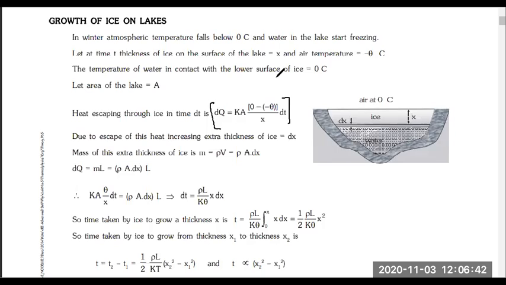Now, suppose the heat escaping through this ice in time dt is given by this, dq is equal to this. This is the basic formula. And when you talk about KA by x, this is theta dt. So can I say that this dq is basically the heat transfer when this ice is converted into water? Yes or no?